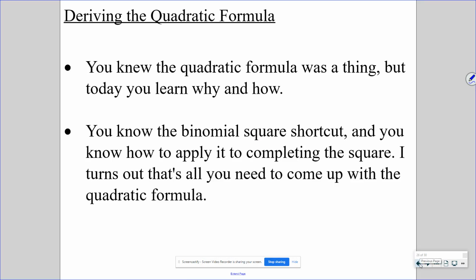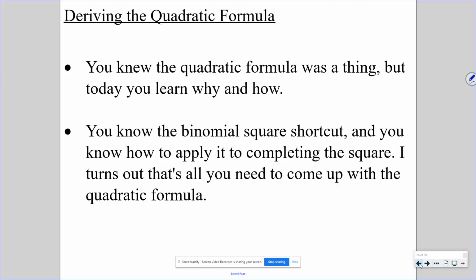Okay, something that I did for the students in class is I did a demonstration to show how the quadratic formula was created. Just simply to make sure they understood that not very many things in math are just made out of thin air, and a lot of things were developed from existing information. So I have that on the next slide for you.